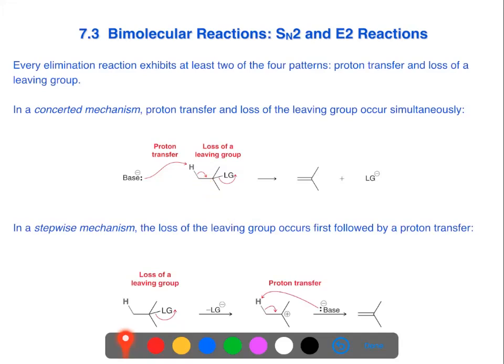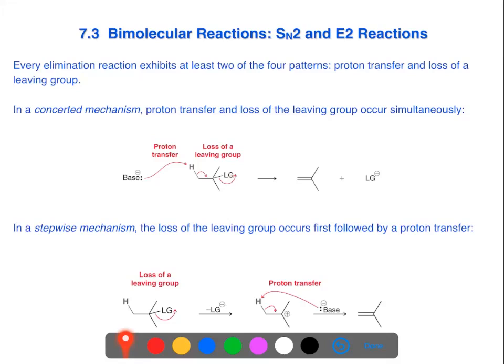And as this pi bond is starting to form, this leaving group carbon bond is starting to break. And so there's three curved arrows to represent these two arrow pushing patterns. We have the proton transfer, the electrons of that bond becoming the new pi bond, and the breaking of the alpha carbon leaving group bond. And so the net result of the E2 elimination, this concerted mechanism, is the formation of an alkene.